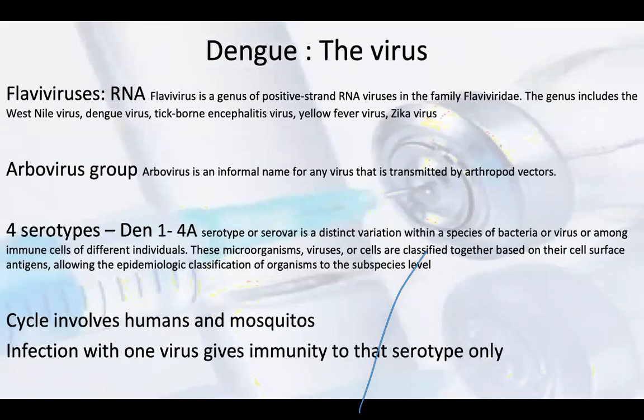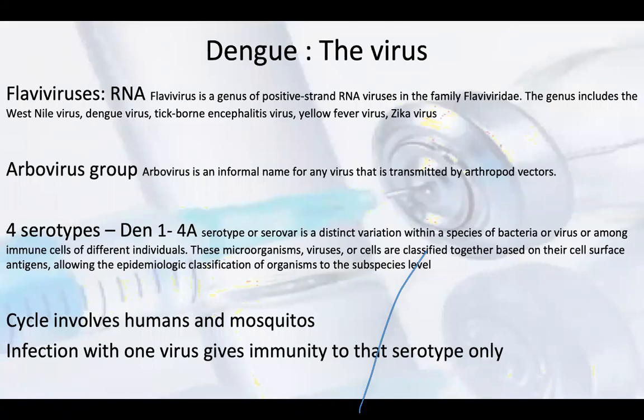So dengue viruses are from the family of flaviviruses, RNA viruses. Flavivirus is a genus of positive strand RNA viruses in the family Flaviviridae.